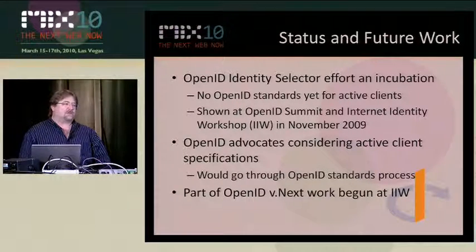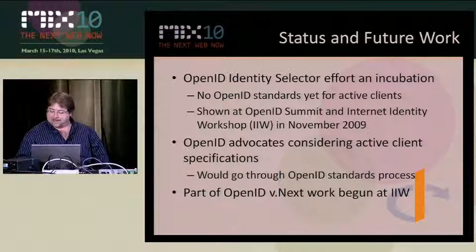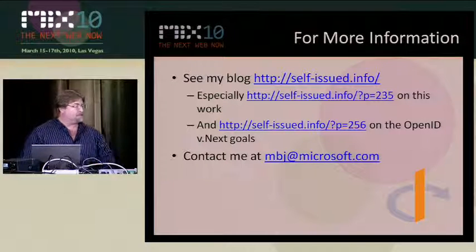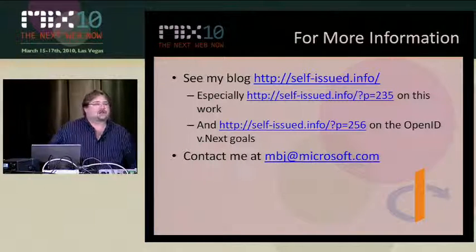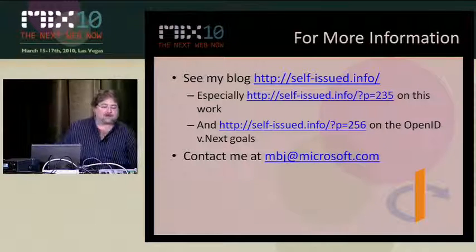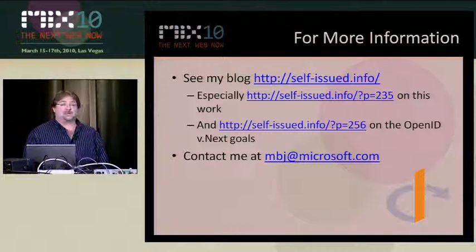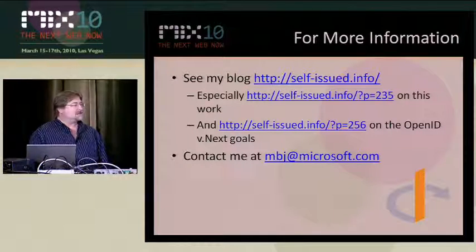I'm involved both as Microsoft's representative to the OpenID Foundation, as well as someone doing technical standards work in the area. I'd be glad to be talking with any of you about your reactions to this, or indeed what you'd like to see happen with this work. I've actually finished on time and would be glad to have a conversation with you now.